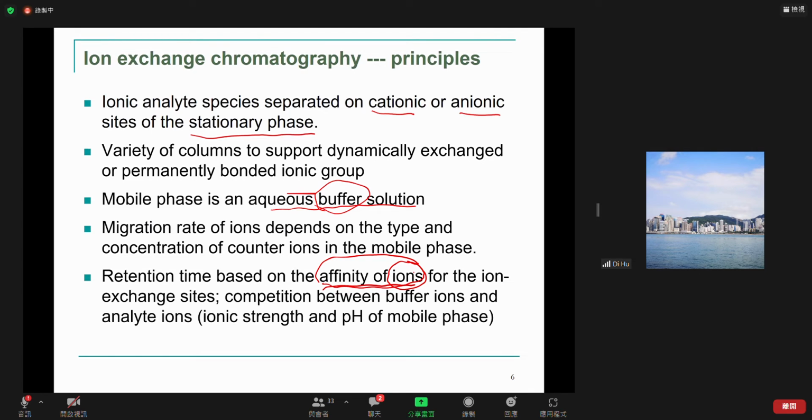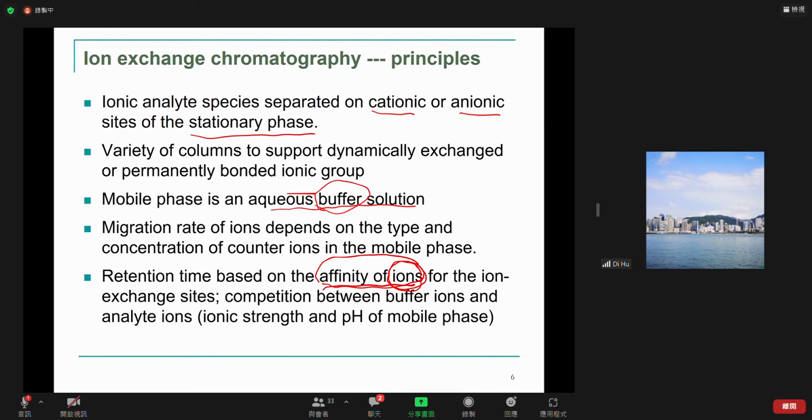That's very important, because they are going to be surrounded by water molecules. So each ion in a sample is actually hydrated. So when we talk about the size of those ions, we talk about the size of the hydrated ion, not the ion itself.